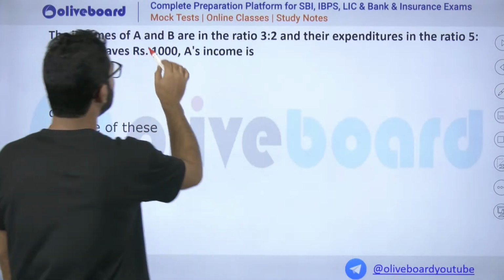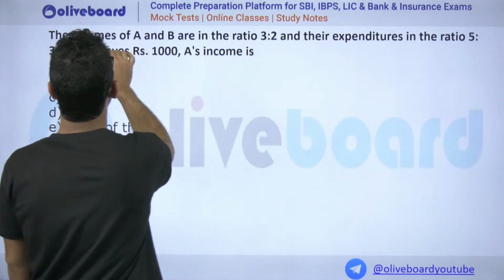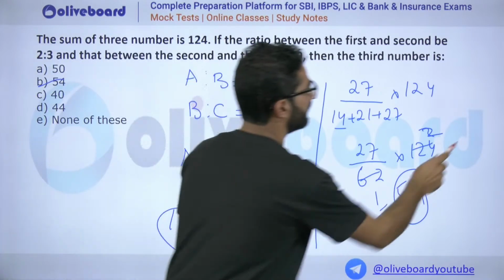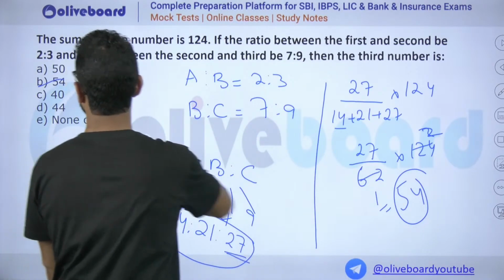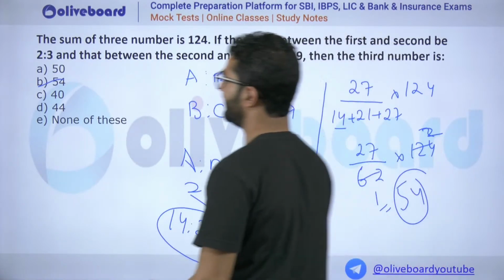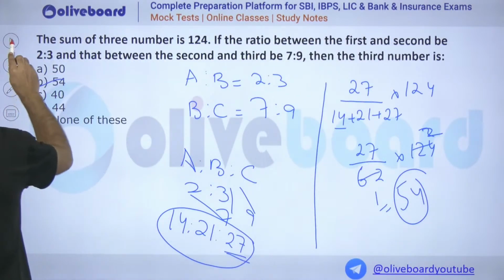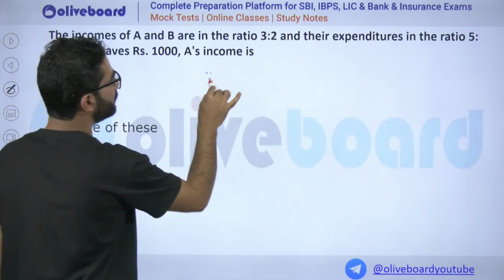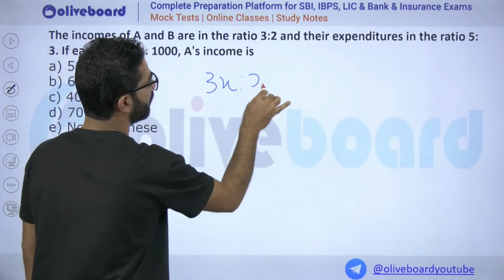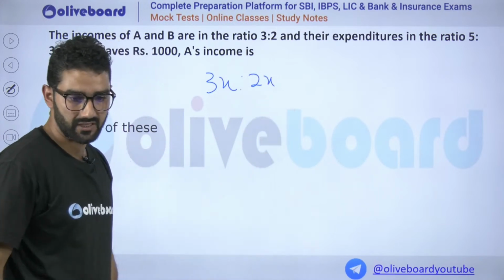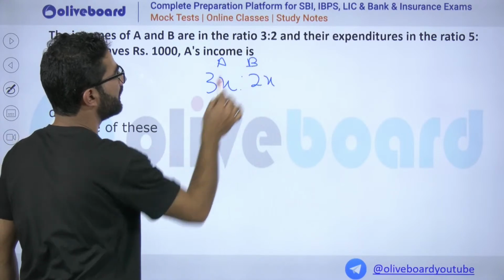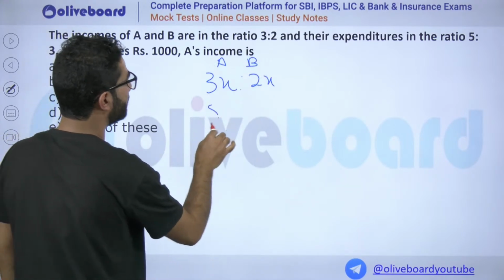If I see A and B having this, the income is given as a ratio. Let's assume income is 3x to 2x, I just take income 3x and 2x for A and B. Also, expenditures are given as 5 and 3.